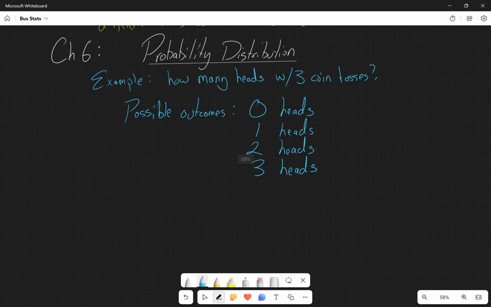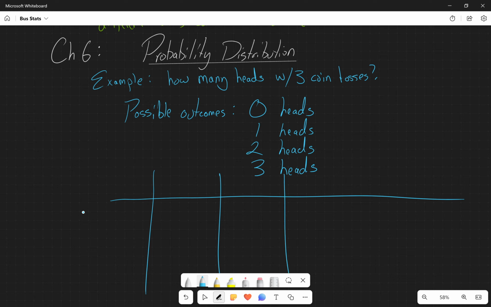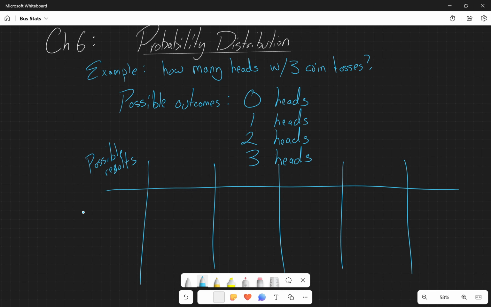And so when we list this out, we're going to have possible results over here. We're going to have our first toss here, our second toss here, and our third toss here. And then over here, we're going to have the number of heads.